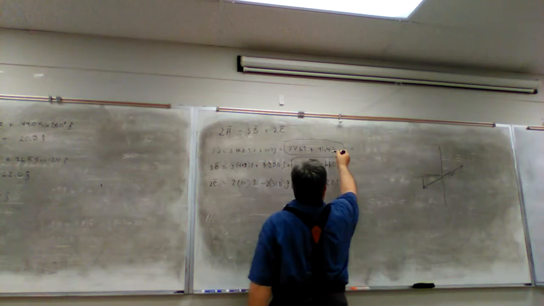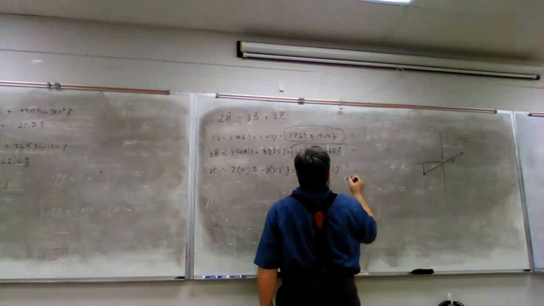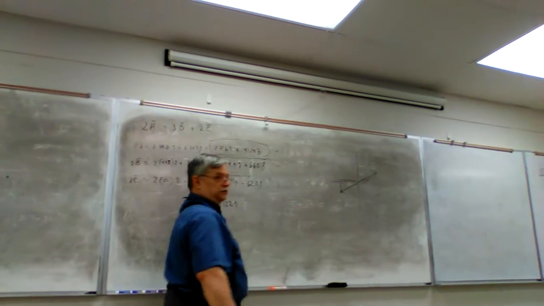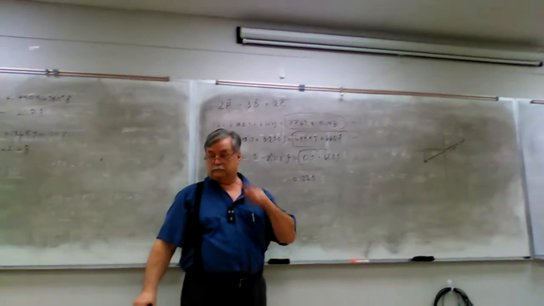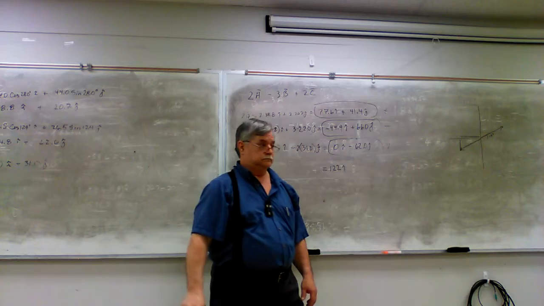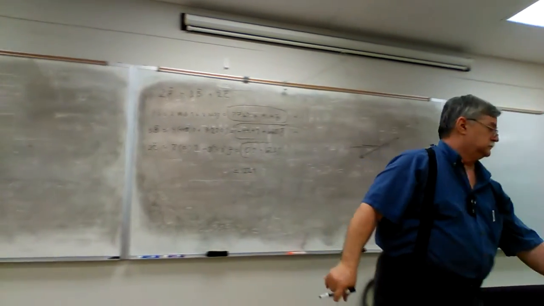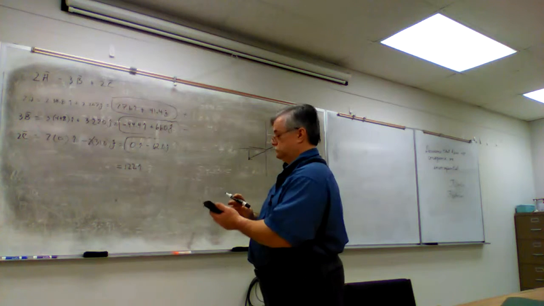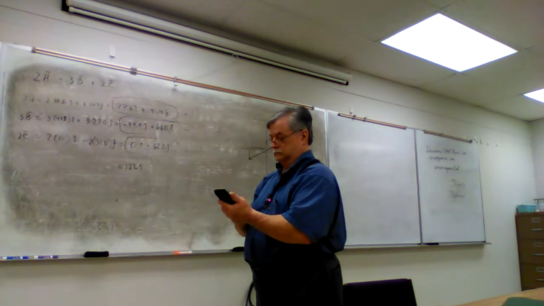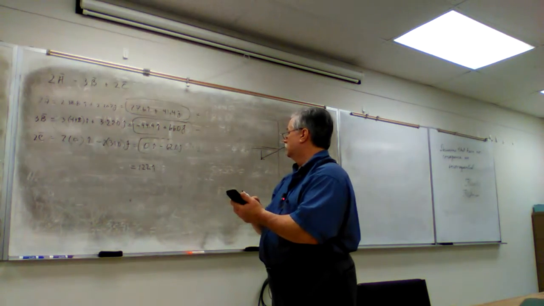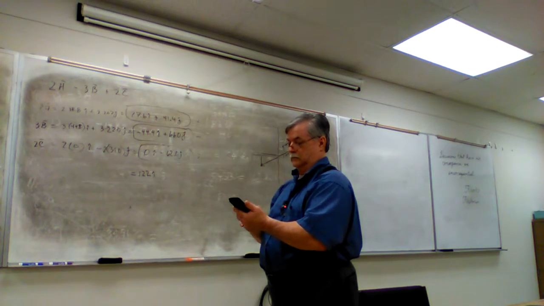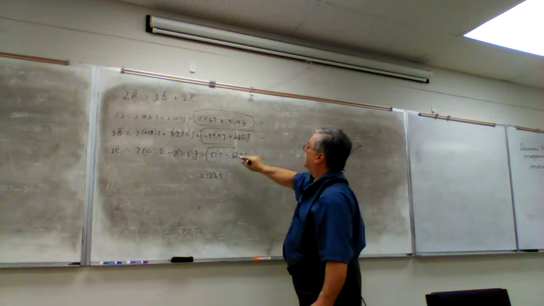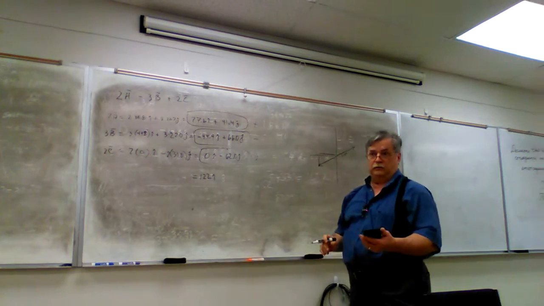Now we're taking 41.4 minus 66.0 gives us negative 24.6 plus negative 62.